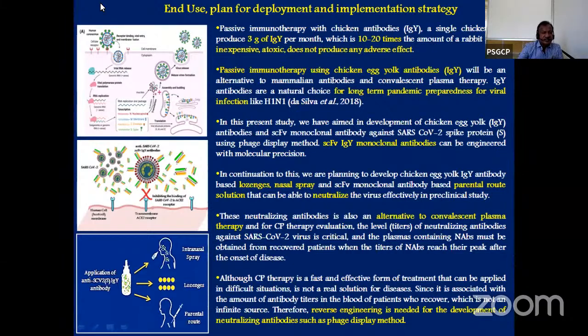This is the idea. The virus infects, its replication takes place, and it enters through ACE2. This is the ACE2 receptor. The spike protein's RBD binds to ACE2. When you have antibodies against that, and you treat with them, use them as preventive measures, or give them to infected patients, they can prevent the infection, so the virus does not enter the ACE2 receptors.